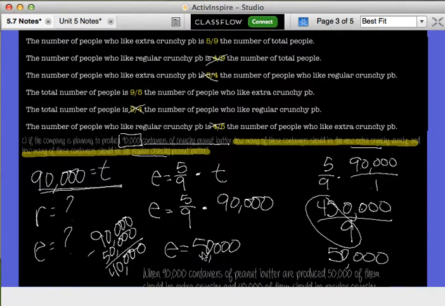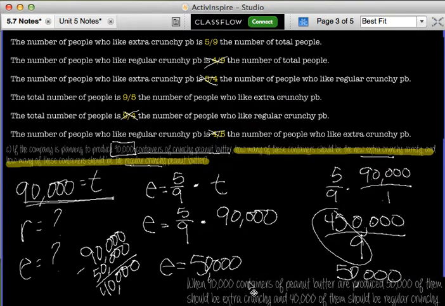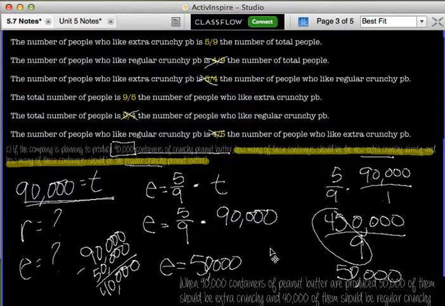Okay, so now we've given meaning to our numbers, and that's a big part with math. It's not just about numbers and getting an answer. It's about getting an answer that makes sense and what does that answer mean.